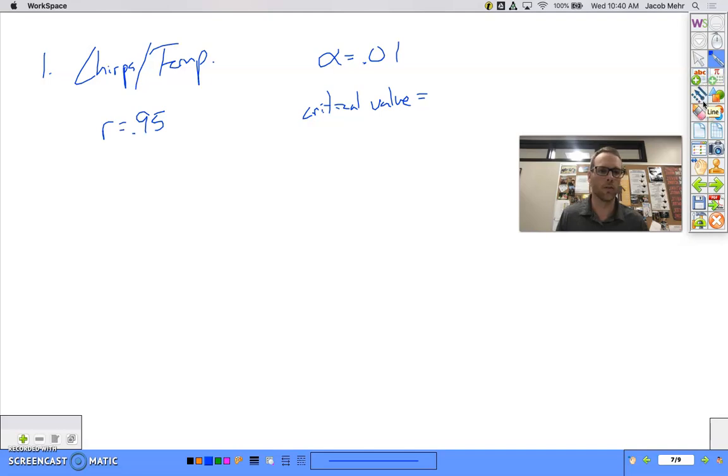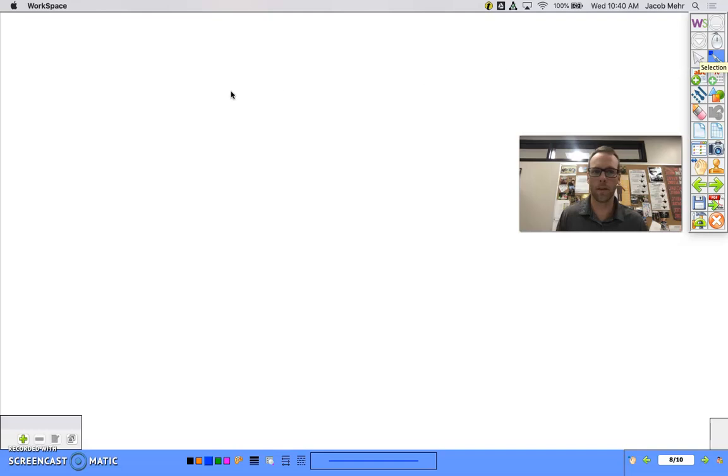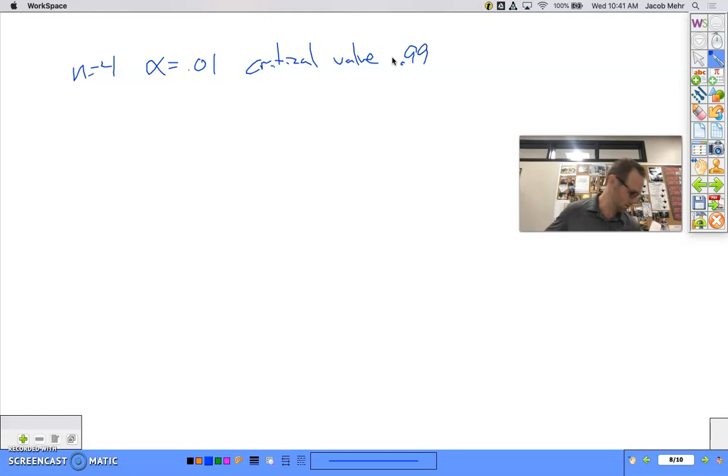I shouldn't be on this page. Let me just go to another page here. If N equals 4 and our level of significance is 0.01, then our critical value is 0.99, which means our absolute value of R, our correlation coefficient from our sample, has to be greater than 0.99 to really say that there is a significant correlation in the population.